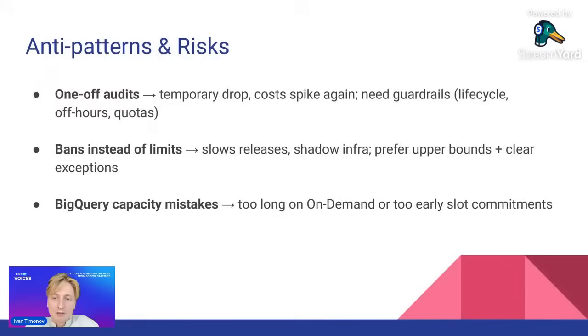Config drift is inevitable. The risk is a false sense of control and recurring cost spikes. You can see it in the reports. Expenses look like a sawtooth with no stabilization.